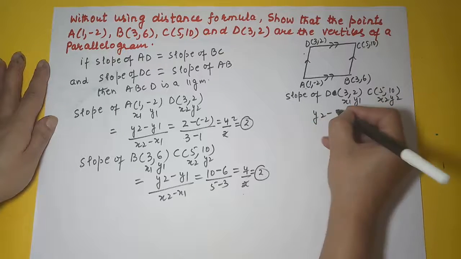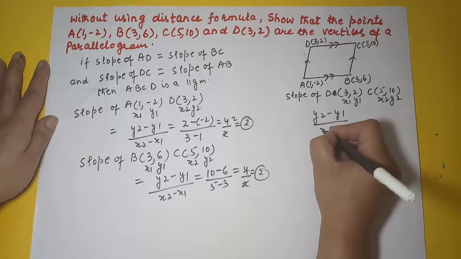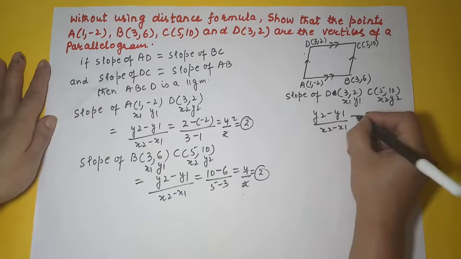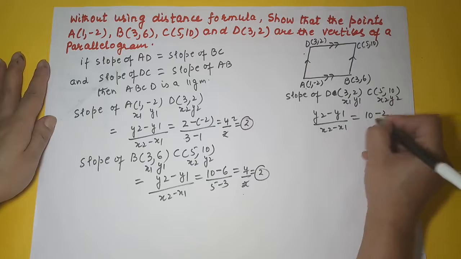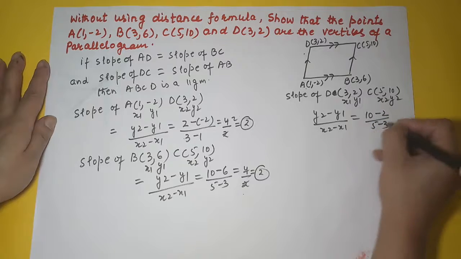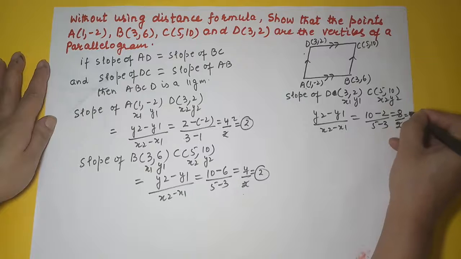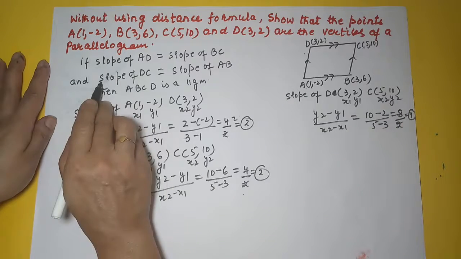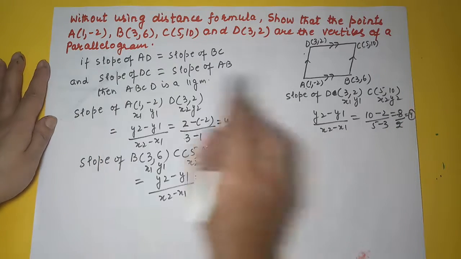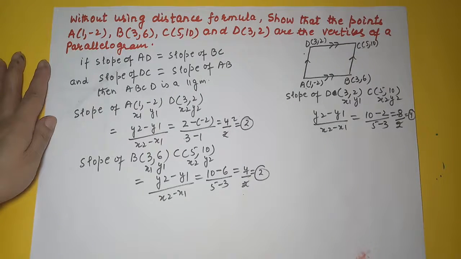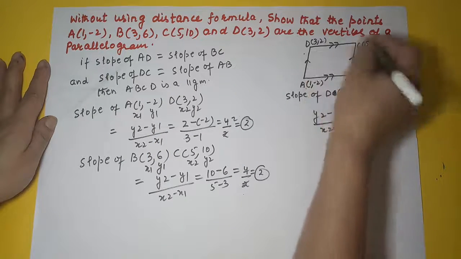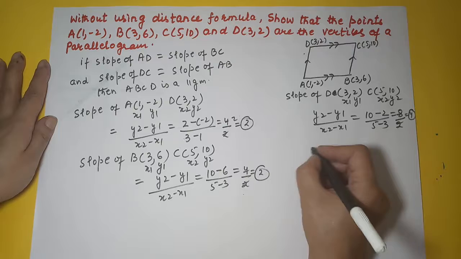So y2 minus y1 upon x2 minus x1 is 10 minus 2 upon 5 minus 3. This is 8 by 2. This is 4, right? So I have calculated the slope of DC as 4. Now slope of AB should also be 4, then this quadrilateral will be a parallelogram.